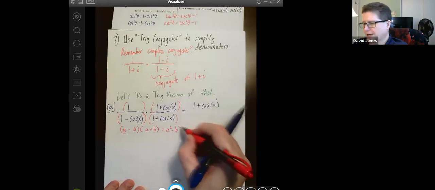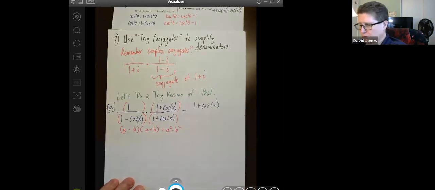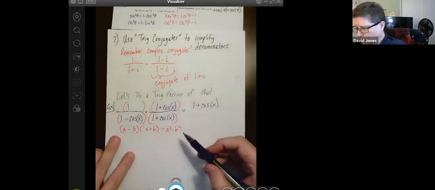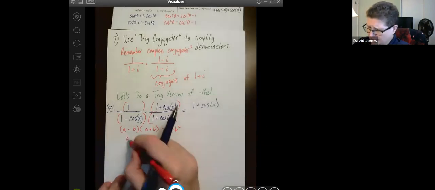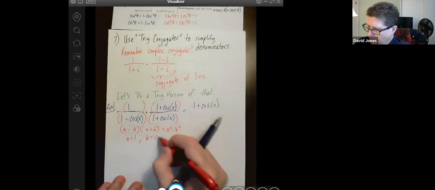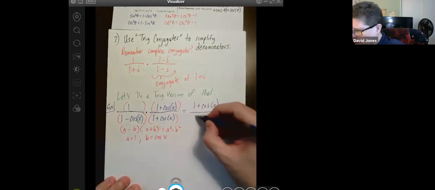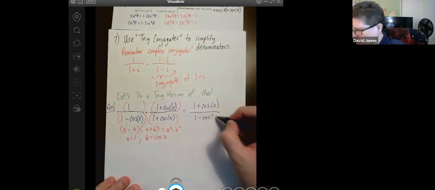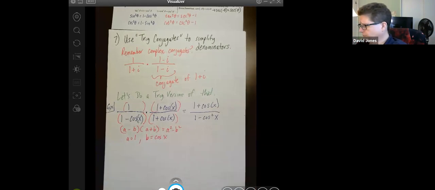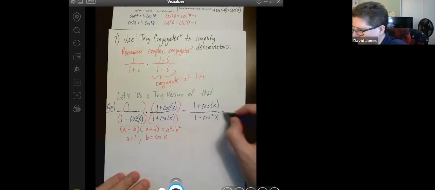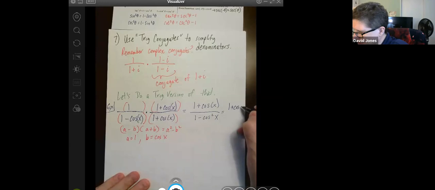That's where our algebraic identities come in. It's a squared minus b squared, where a is 1 and b is cosine x. So a squared minus b squared would be 1 minus cosine squared x, and we can simplify that. The bottom is sine squared x.